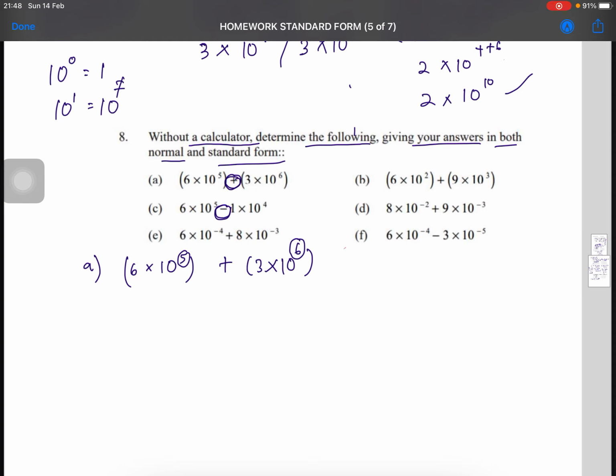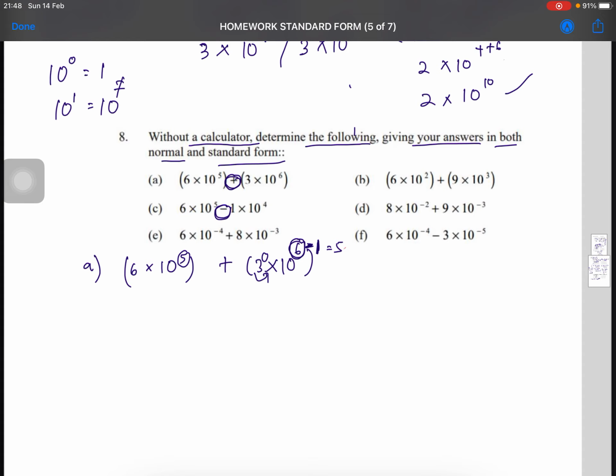Okay, let's say I want to equate the power to become 5. So for the 6 here, we must minus 1. 6 minus 1 becomes 5, right? Minus 1, that means we add a 0 at the back, because we want it to become 5.